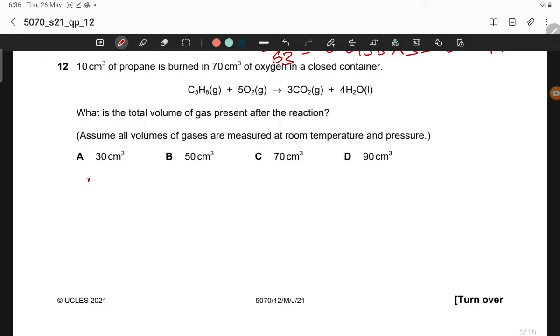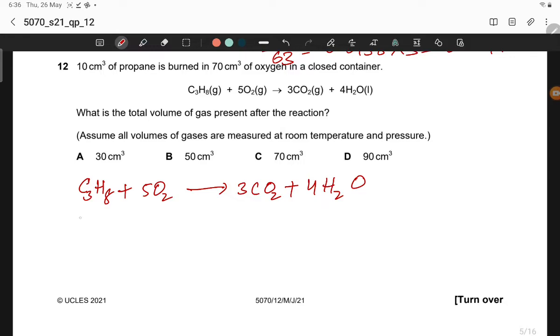C3H8, 5 oxygen to form carbon dioxide plus 4 H2O. What is the total volume of gas present after the reaction?